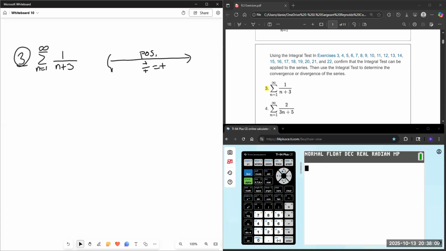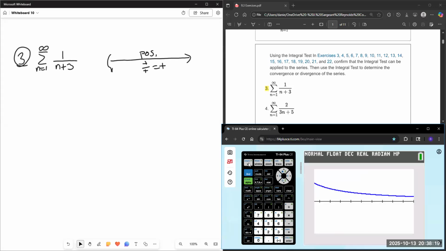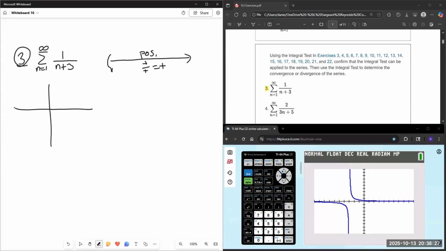Let's go ahead and graph 1 over x plus 3, and we'll take a look at this. It's a rational function like that. So I'll sketch a graph of it, and say that we know that it has a vertical asymptote over here at -3, a horizontal asymptote at 0.